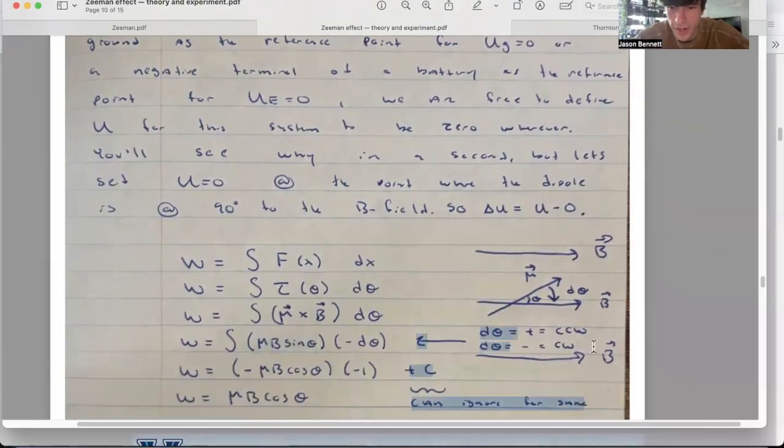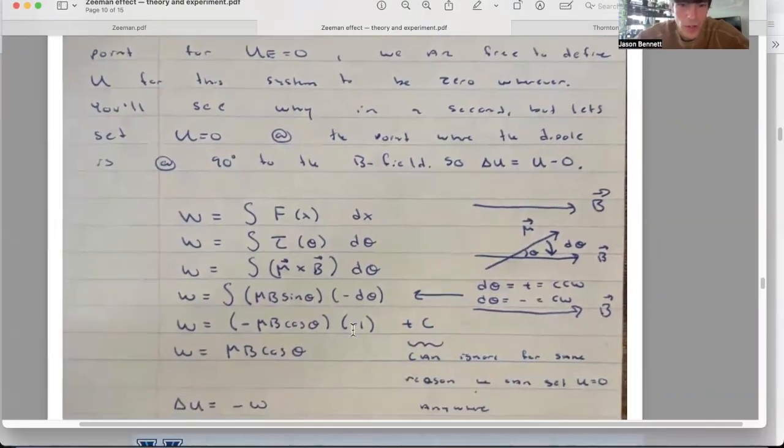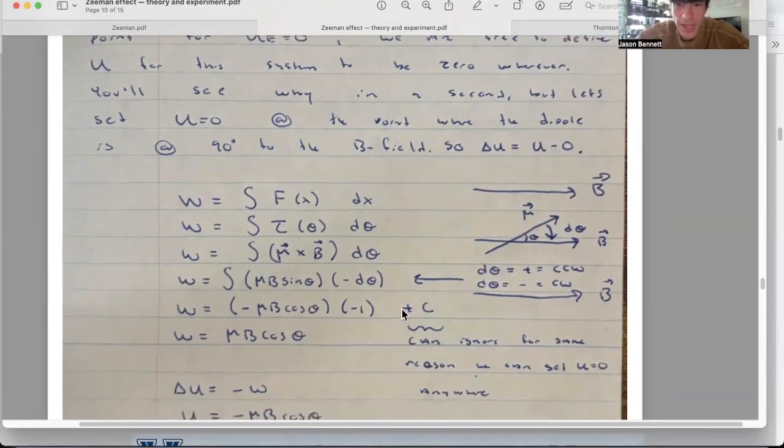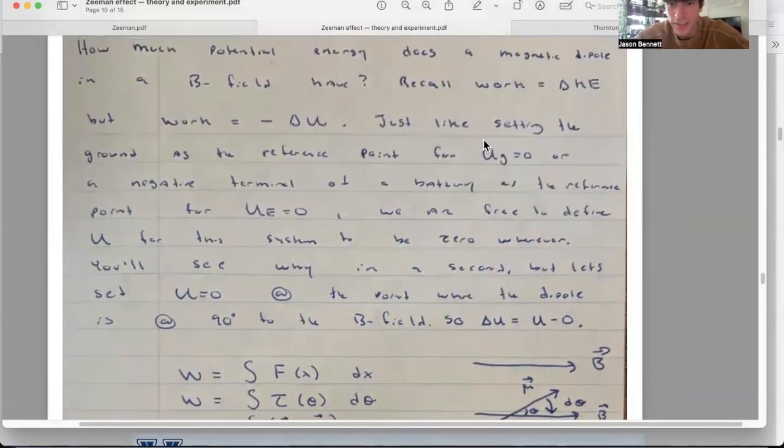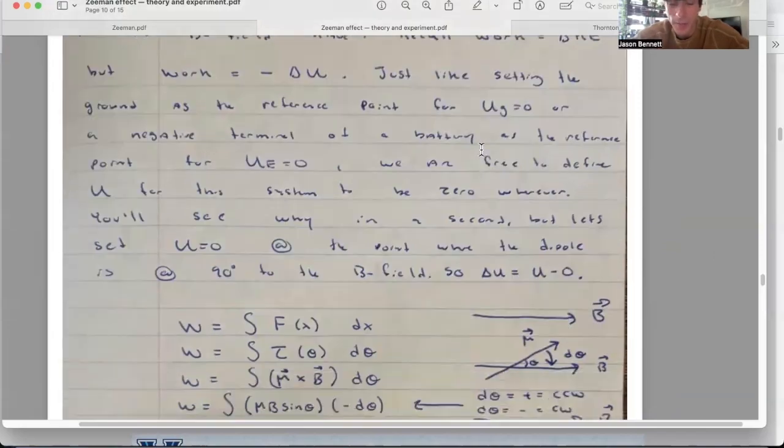Kind of summarized right here. I crammed it in between the magnetic field lines. So once we do this integration, we've got a negative arising from the sine being integrated, and this negative is just coming down here from the orientation of how the angle changes. And of course, we're not integrating with respect to anything in particular, so there's just an integration constant, which we're ignoring for the exact same reason that we can set zero for the potential energy to be anywhere.